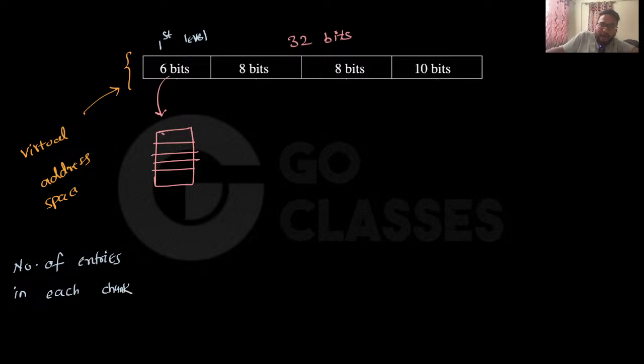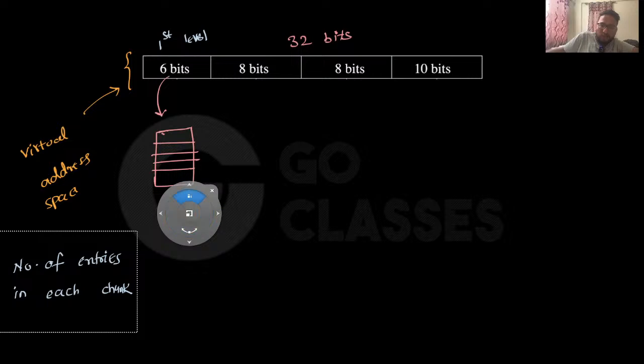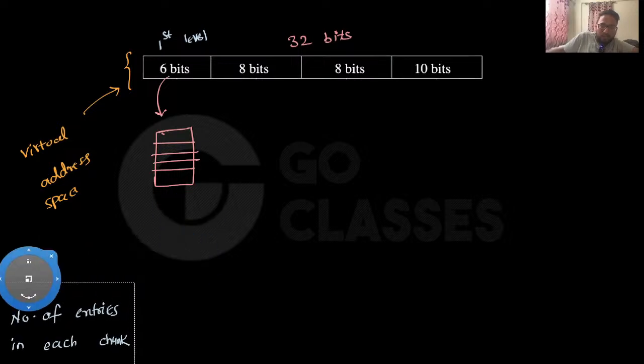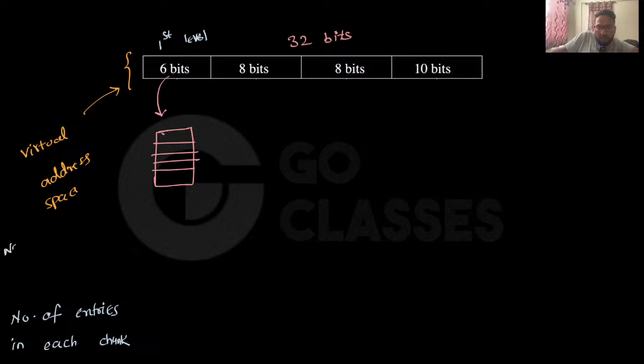Another thing is the number of chunks at every level. There are two things that I want to ask. Can you tell me the number of chunks at this level?